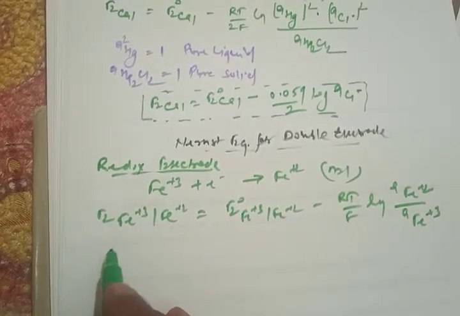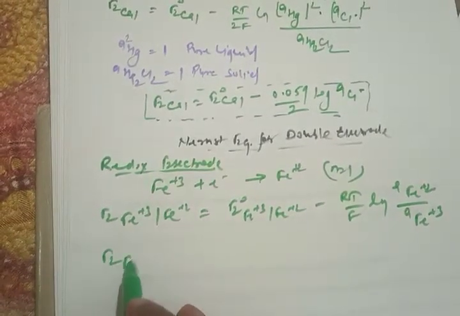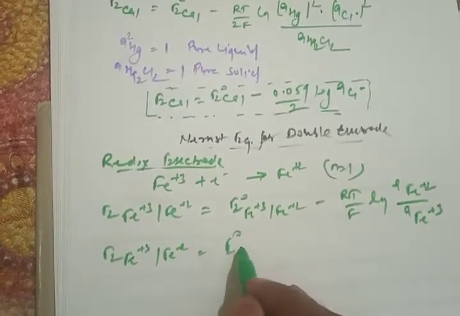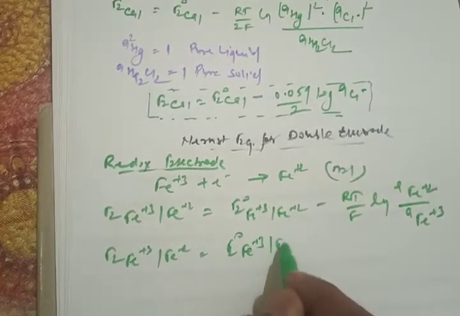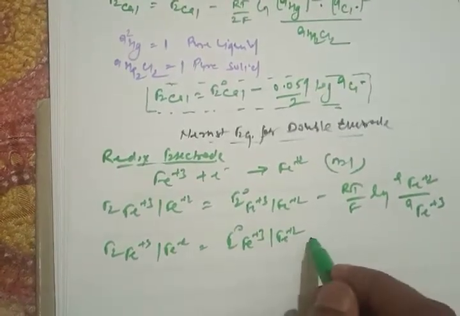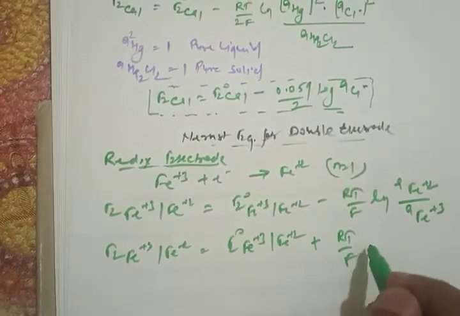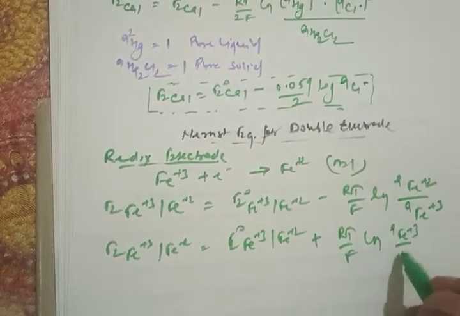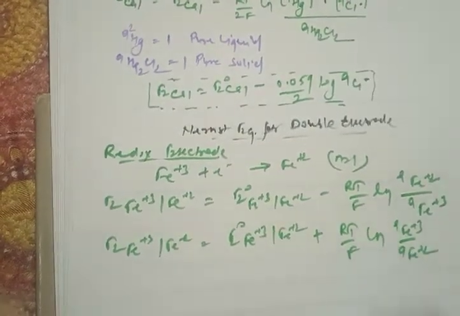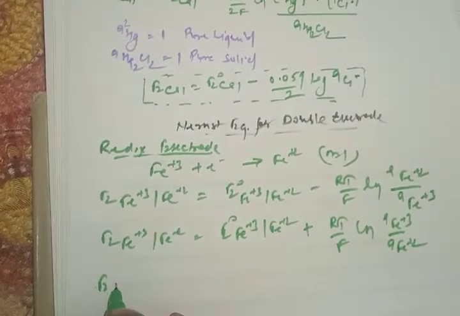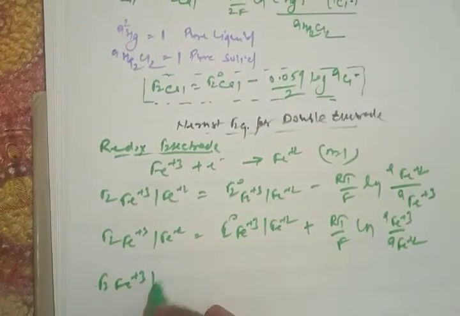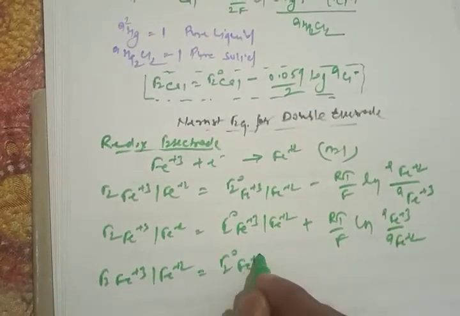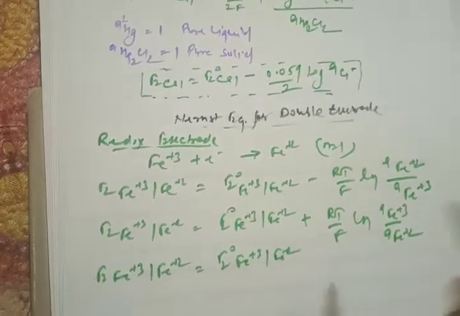Let's write the complete equation. So we can write E Fe+3, Fe+2 equals E naught Fe+3, Fe+2, and if you write the plus sign here, RT upon F ln activity Fe+3 and activity Fe+2.